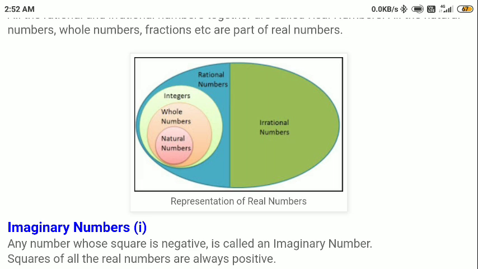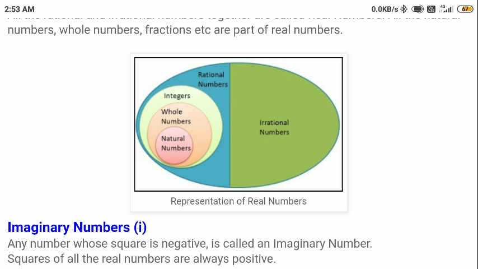Smaller set means fewer numbers as compared to the other sets. If we add 0 to it, we get whole numbers. When we had the natural numbers and added 0, we got a complete set, so that is why we call it the whole set. That means a complete set of non-negative numbers, having 0 and all the natural numbers.